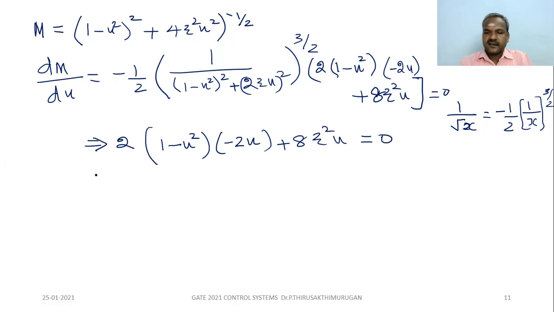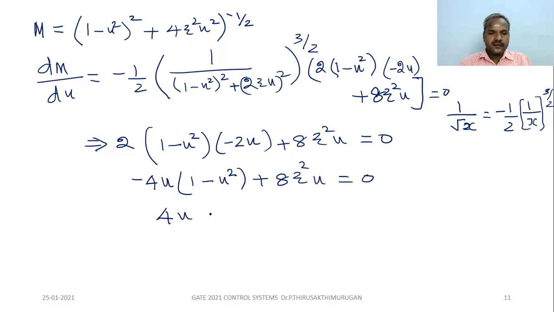Multiplying, we get minus 4u into (1 minus u square) plus 8 zeta square u equal to 0. So 4u into (1 minus u square) equals 8 zeta square u. Both sides have u, so we can cancel u.